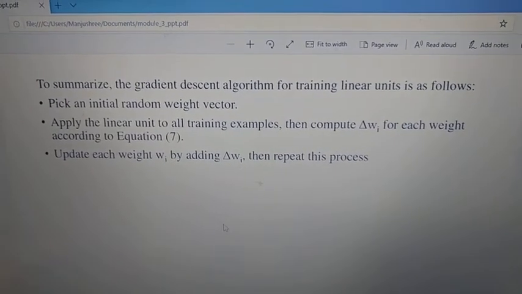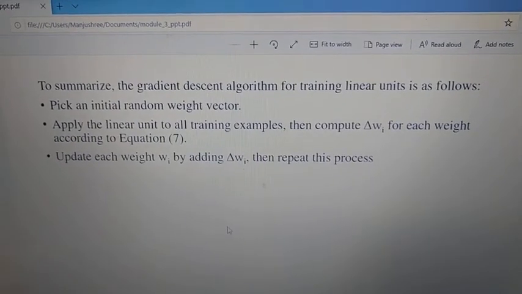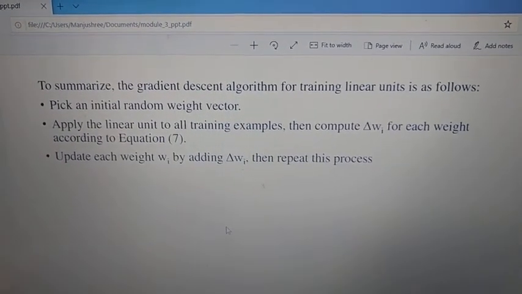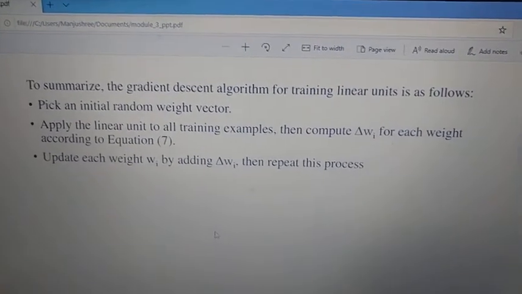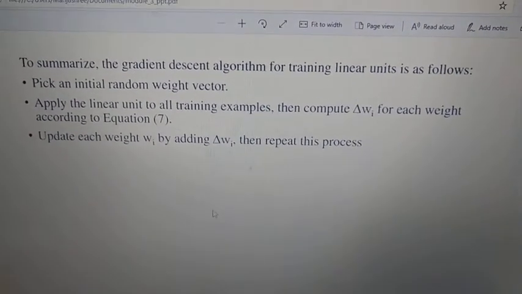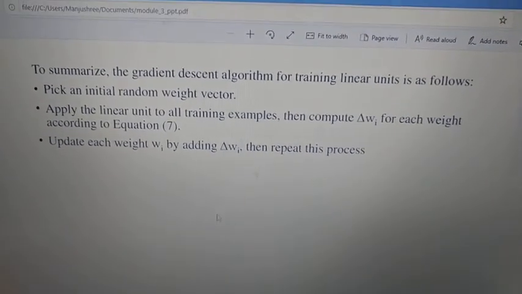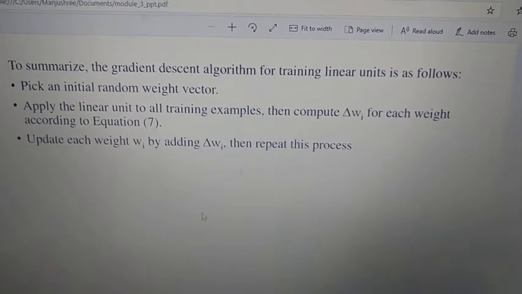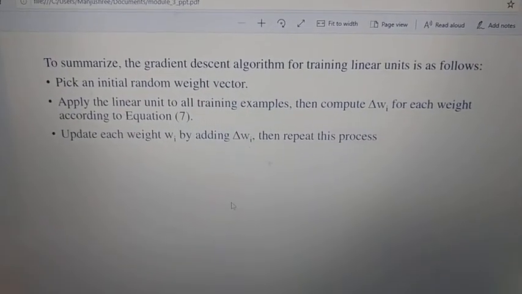The residual is nothing but an error. It is the difference between the actual value and the predicted value. If the difference is more, then the error is more, then we are going to move larger steps. If the error is less, then we are going to move smaller steps. So that is the gradient descent algorithm.